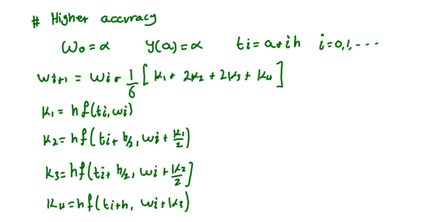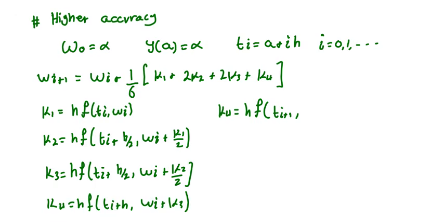Sometimes you might find that k4 is written as h times f of t sub i plus 1, instead of the way I've written it, but the other part remains the same. The difference is that I've written ti plus h, but here it is t sub i plus 1. This is one and the same thing.